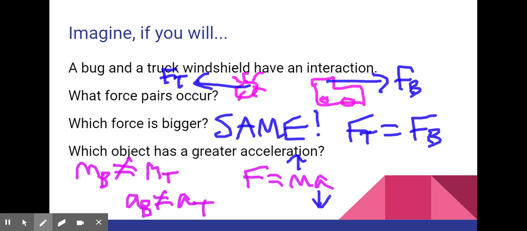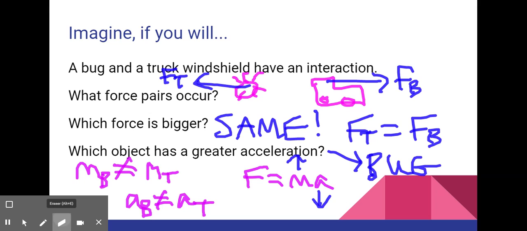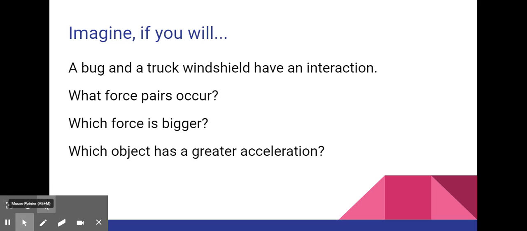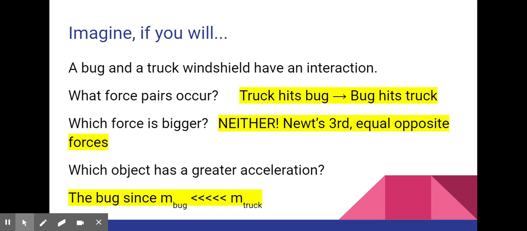So that bug is not going to make that truck accelerate very much at all. But because our bug has a tiny mass, our acceleration for the bug is going to be much greater. So the object with the greater acceleration is going to be the bug. Again, truck hits bug, bug hits truck. Neither force is bigger because of Newton's third law, and the bug is going to have a greater acceleration because m bug is much less than m truck.